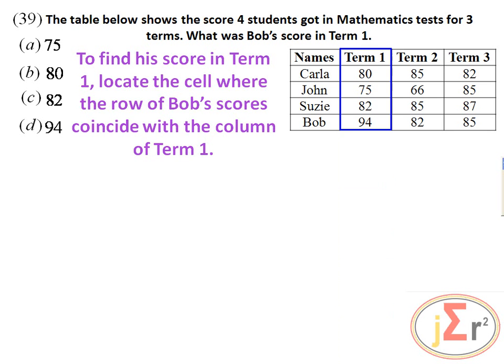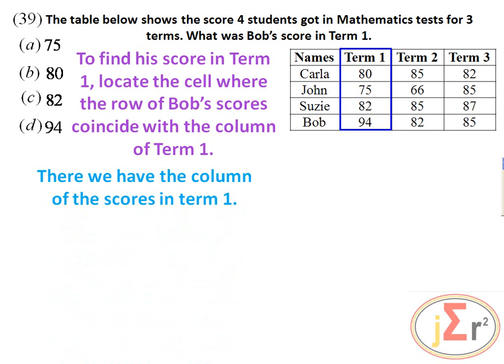How do we do that? We have highlighted all of the marks in term 1. All of those associated with term 1, we have highlighted all of them. There we have the column of scores in term 1. There we have the row of Bob's scores.